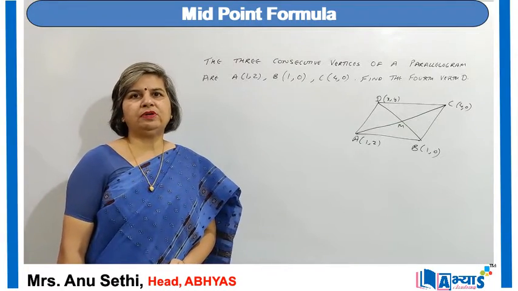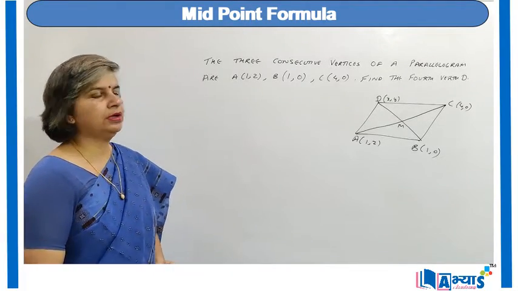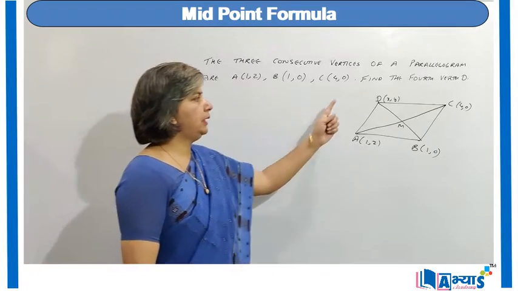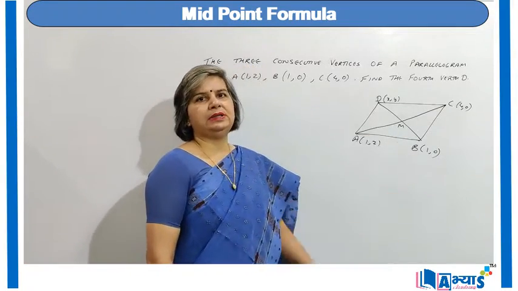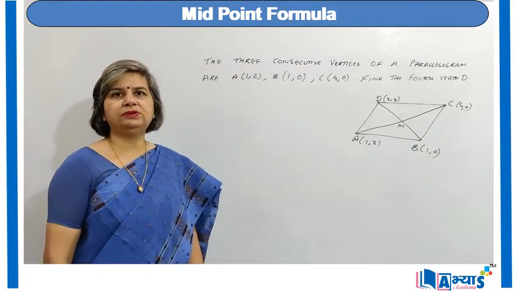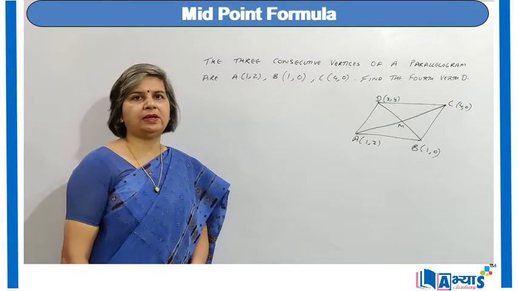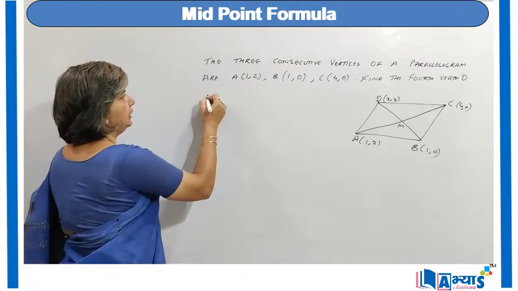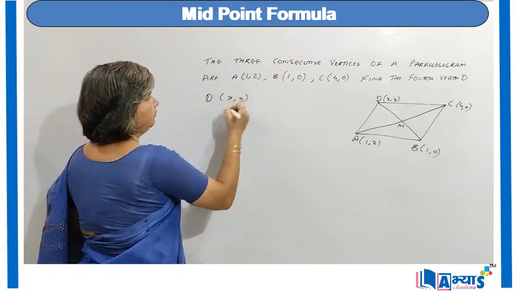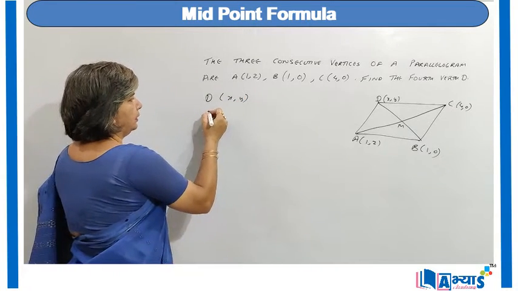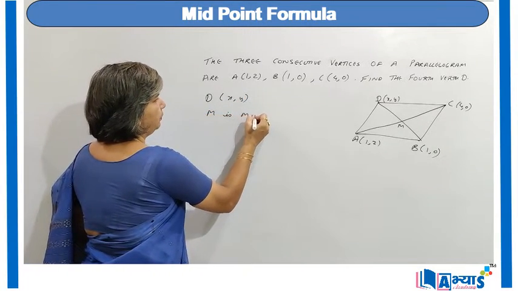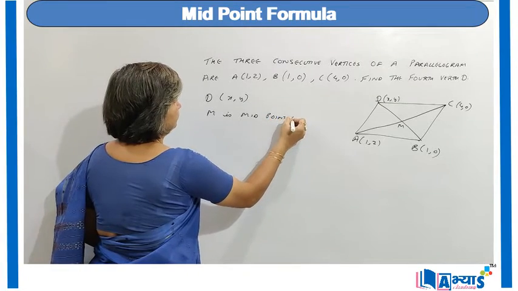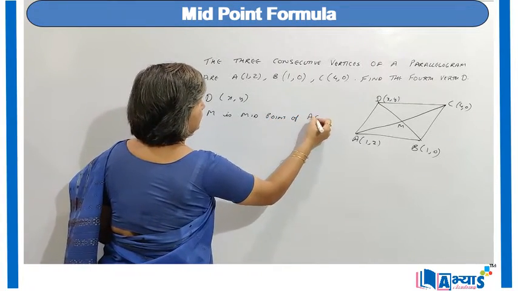Using this concept, we will try to find the coordinates of M using B and D and using A and C. And using these relations, we will find the value of x and y. That is, let us take D as x, y. So M is the midpoint of AC.